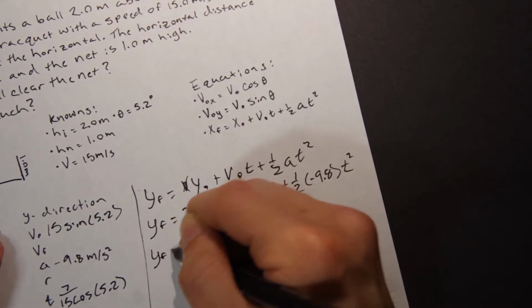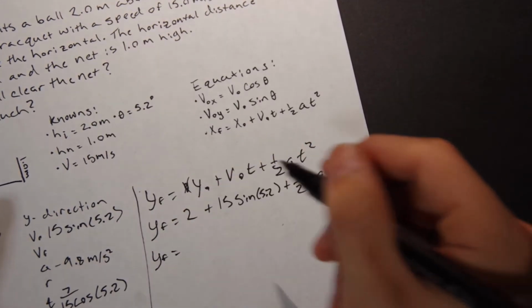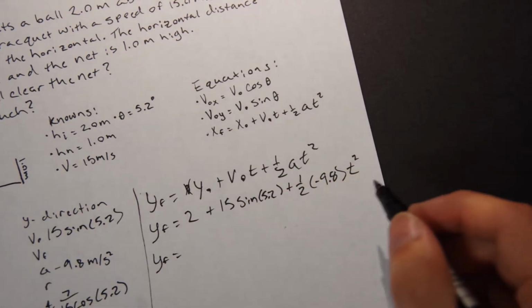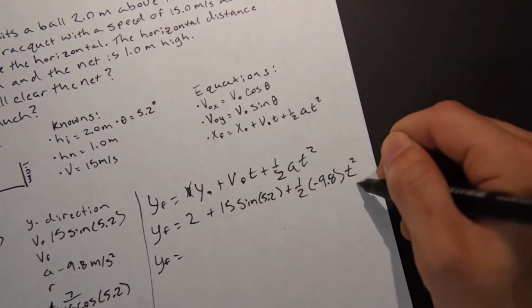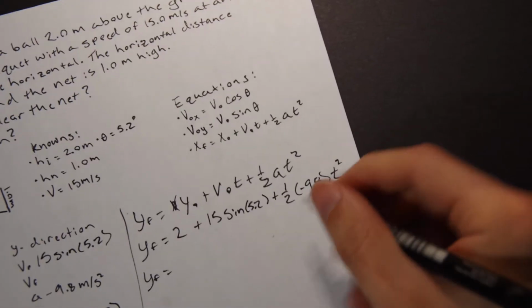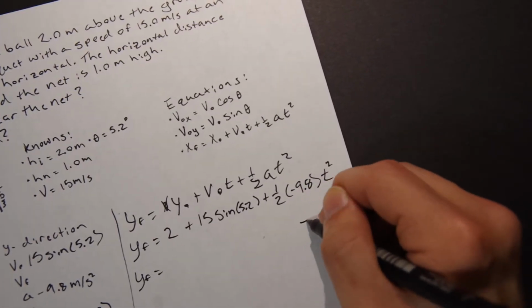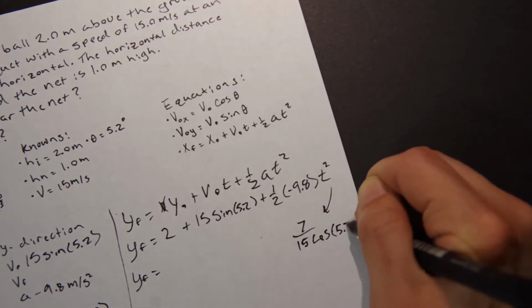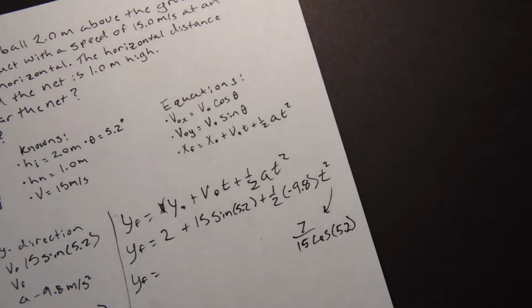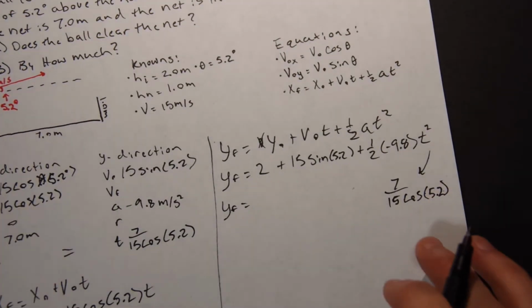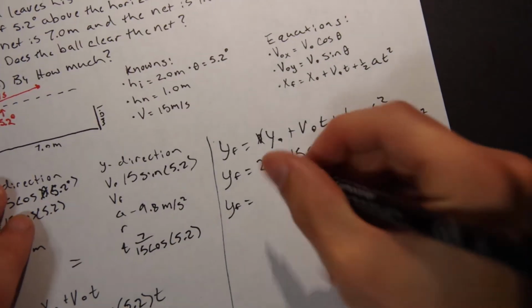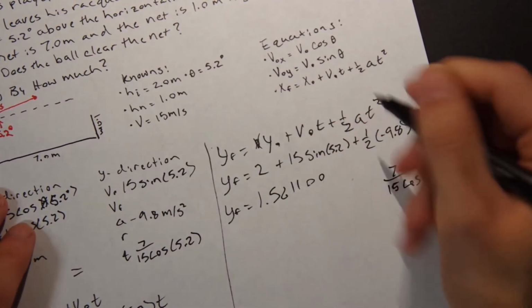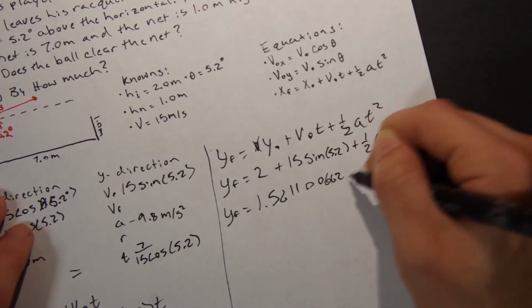So y final equals, let's just plug this into our calculators. If you plug this whole equation in, including what we got from t, I'll put it down here so it's clear. So t equals 7 over 15 cosine 5.2. Okay, so if you plug all of this into your calculator, you're going to get 1.561100662 meters.